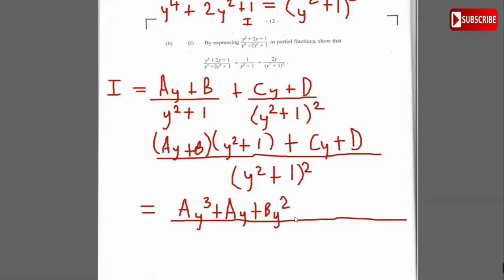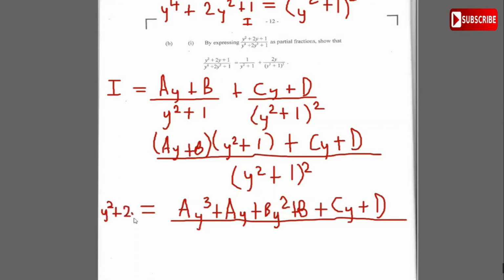And b times 1 is b. Plus cy plus d. Nice and easy, soft. And then now you have right here, you have y squared plus 2y plus 1. Remember, that's what I is, y squared plus 2y plus 1.